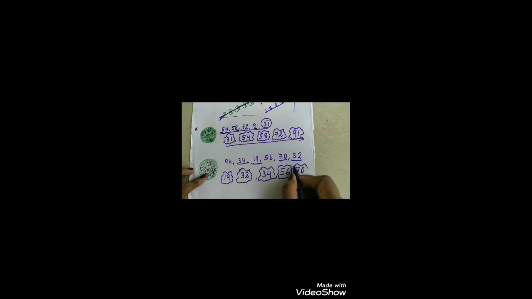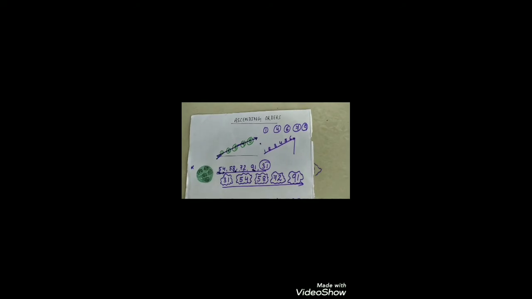Yes. And then we have 94. Correct. So this will be the arrangement of ascending order when we arrange these numbers from smaller to larger. So these type of arrangement of numbers are known as ascending order.